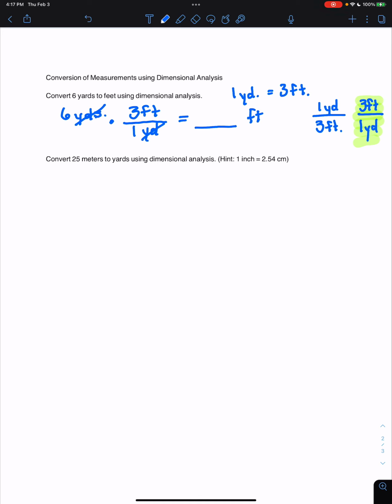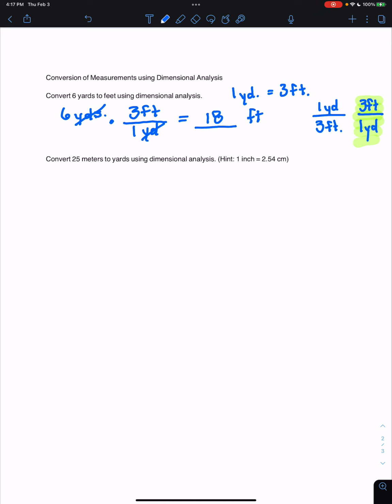Well, I just have a 1 on the bottom. So I can just multiply 6 times 3, and that gives me 18 feet. And that's what we saw in a previous video, right? And again, we can use that rule just to check ourselves, because we're going from a larger unit to a smaller unit, so we should get a bigger number, right? And we should be multiplying.